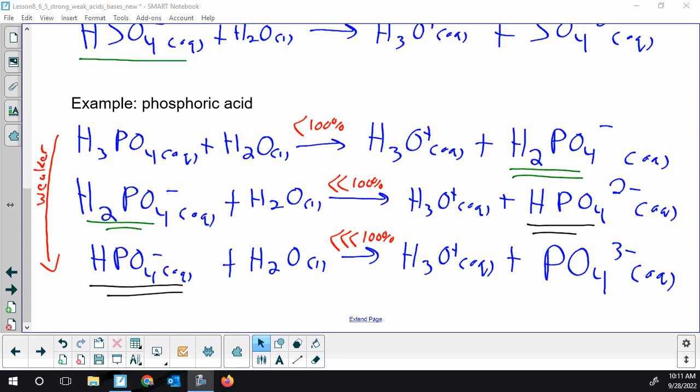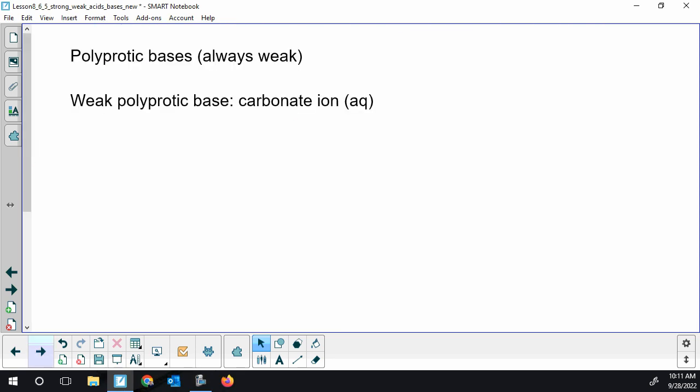So moving on to bases, and we're on the theme of polyprotic species, all your polyprotic bases are going to be weak. Now, I'm not counting calcium hydroxide, that's strong, that just dissociates into two. You do have to watch out for those group 2 cations with hydroxide.